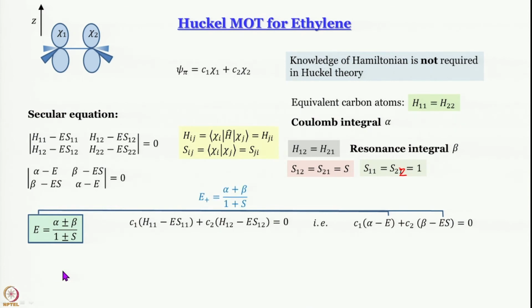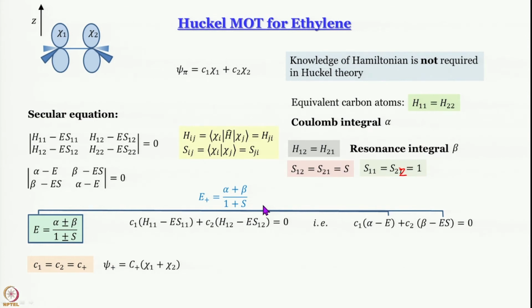You can put either the plus combination or the minus combination. So, let us start with the plus combination, we will call it E plus, alpha plus beta by 1 plus S. You substitute that, it is mundane, so you do it yourself. It turns out that C1 equal to C2, we call both to be C plus since we got them by this plus combination.